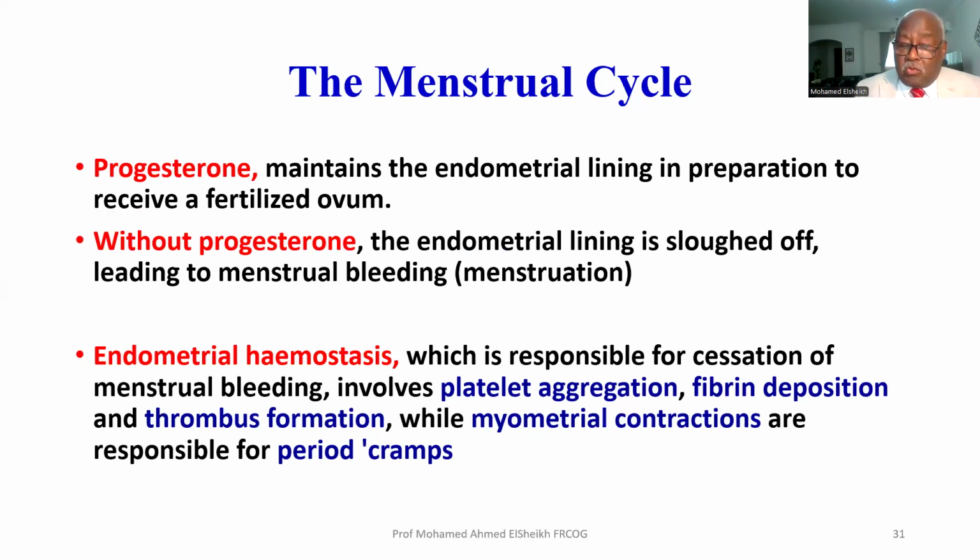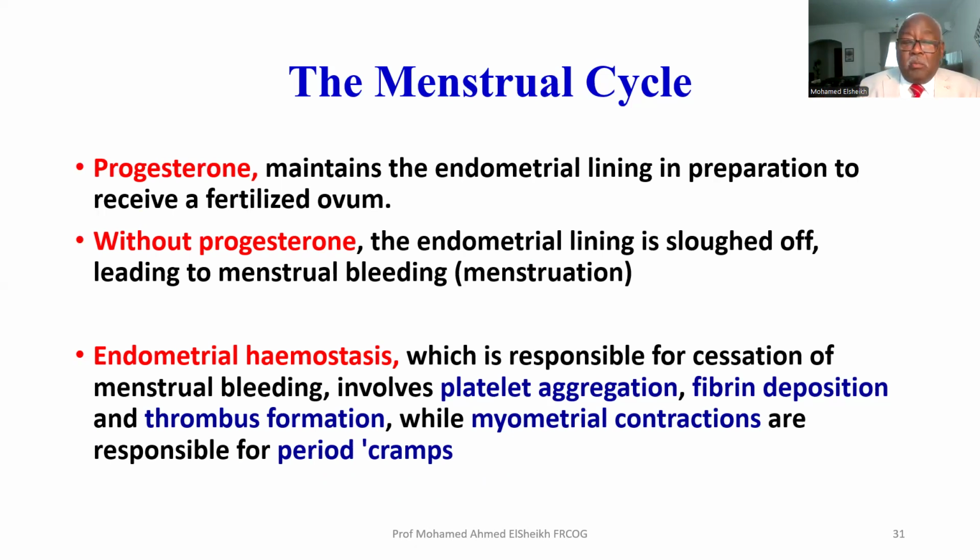Endometrial hemostasis. What happens after the layer is being sloughed off? There is bleeding coming from the wall of the uterus, from the functional layer. That bleeding has to be stopped. Hemostasis should take place, and that bleeding within the uterus itself is stopped because of platelet aggregation, fibrin deposition throughout, and also thrombus formation.